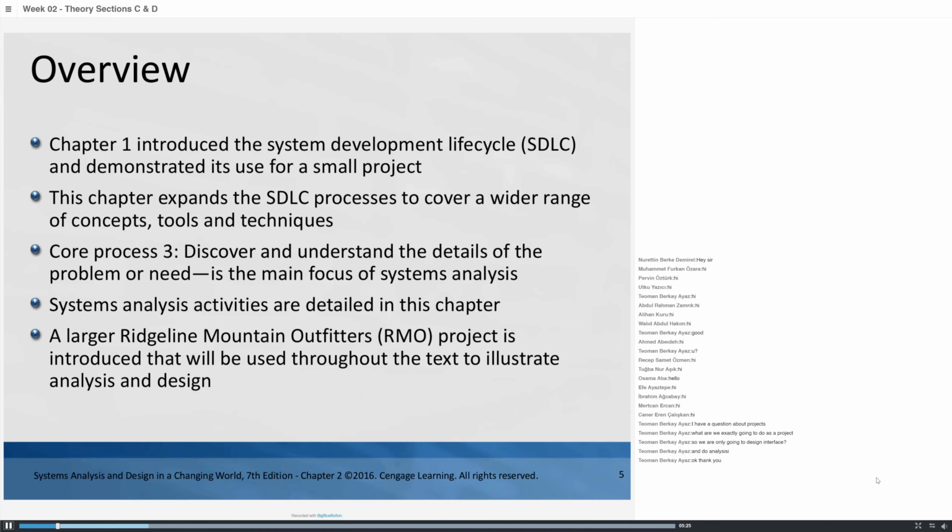The development of that system followed the 6 core processes of the SDLC. In this chapter, you will extend these techniques with a wider range of concepts and tools. Especially, you will meet UML.